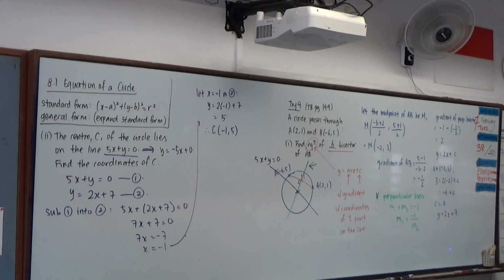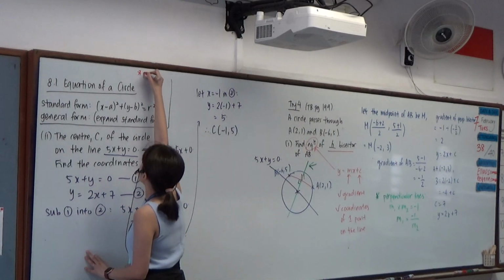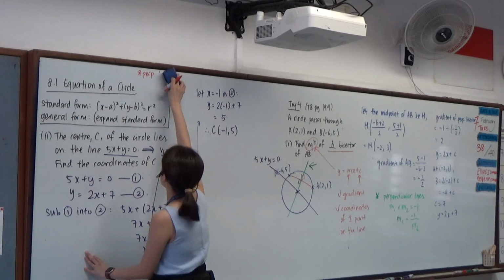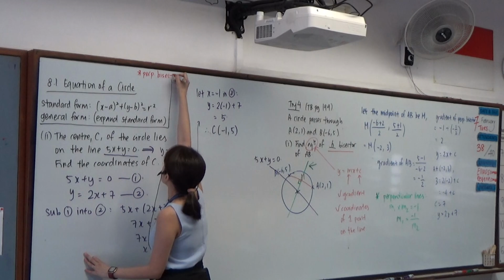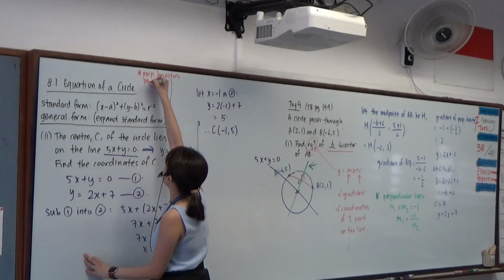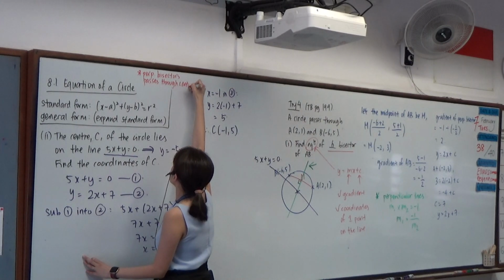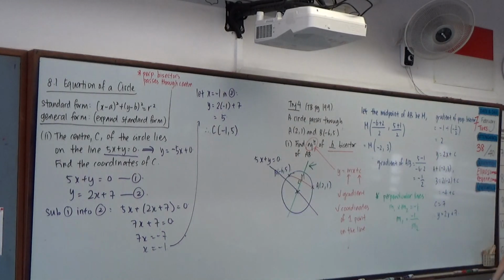Important fact when it comes to circles: you must know that the perpendicular bisector passes through the center. This is a very frequently used fact when it comes to circles.